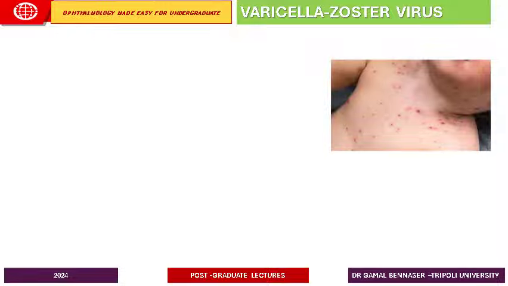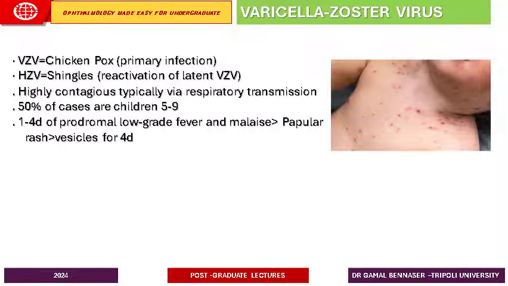Usually the primary infection has a benign course and passes without any significant complications. The problem is in the reactivation phase; when there is a reactivation, the complications will take place.